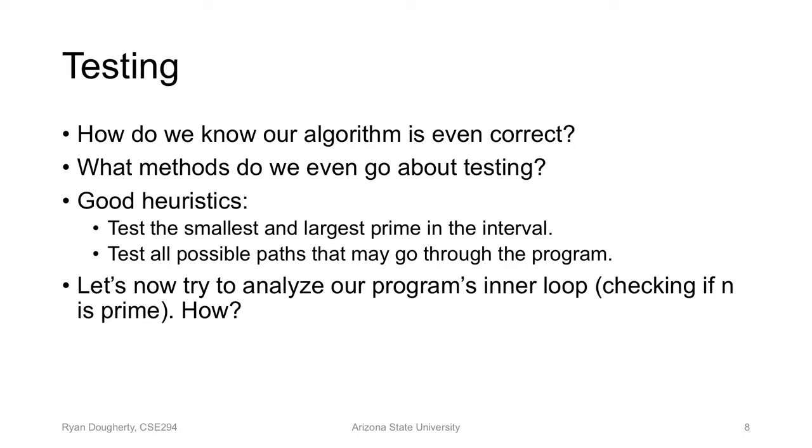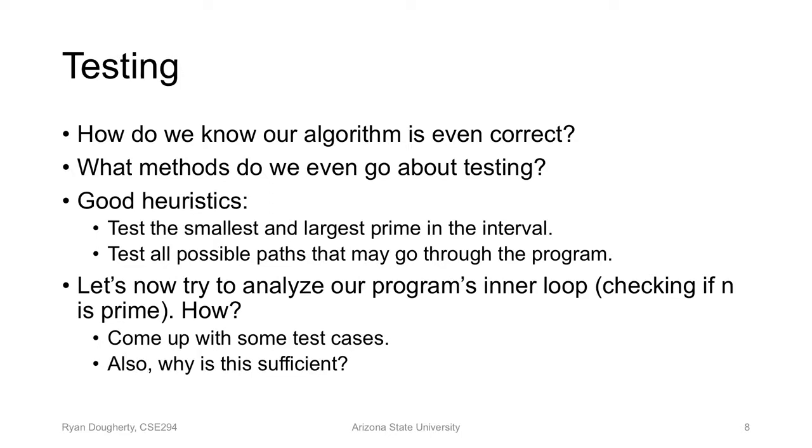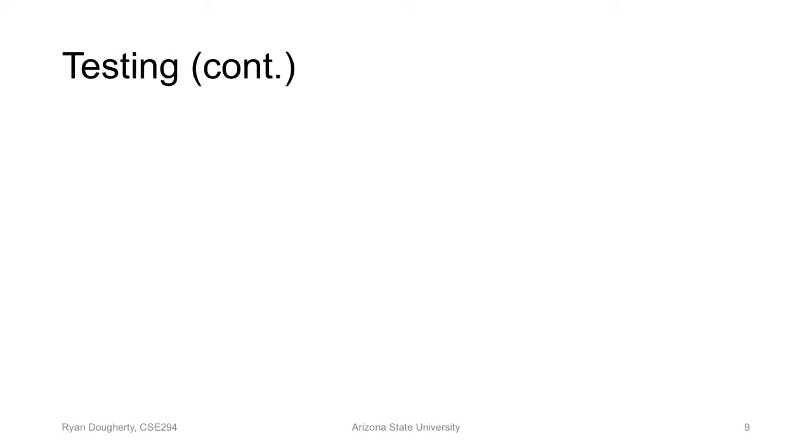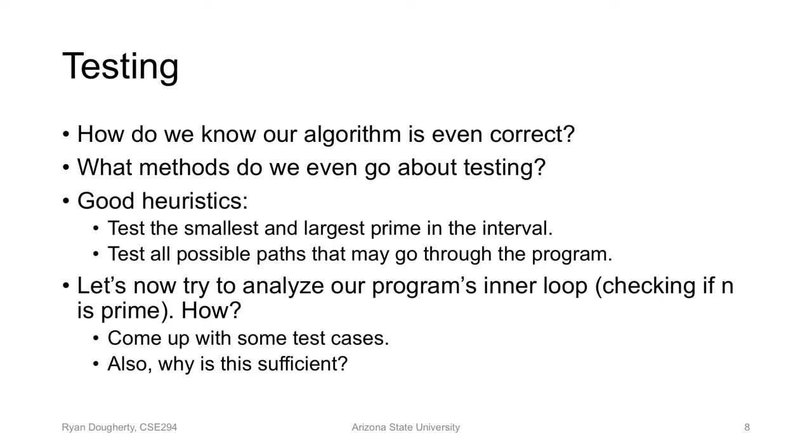So let's analyze the inner loop of our prime program, which is that prime checker part. How do we do that? We come up with some test cases. Why is this sufficient? Why would it be sufficient just to test that middle part of the program, the prime checker part, not the loop part?